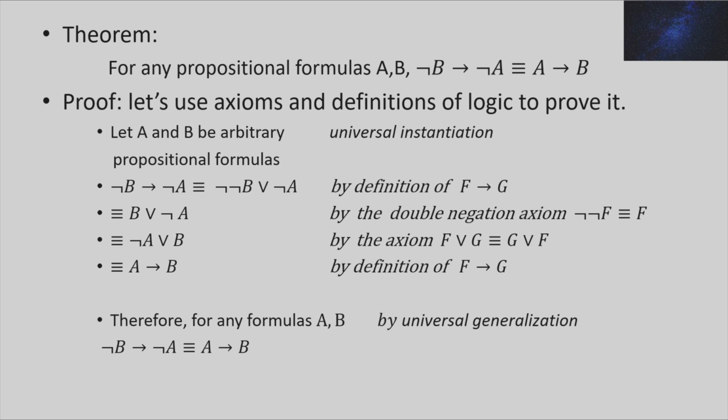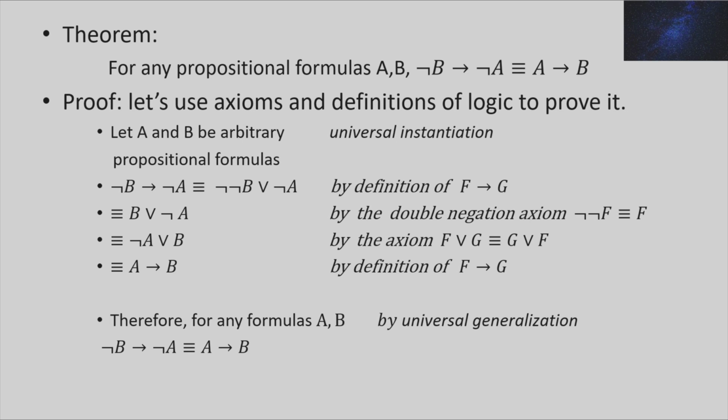So remember, we looked at axioms and definitions of logic. Axioms say things like, A or B is the same thing as B or A, in the reverse order. Definitions would say things like, A implies B is the same as not A or B. And we are going to use them now together with those rules about quantifiers to prove the following.